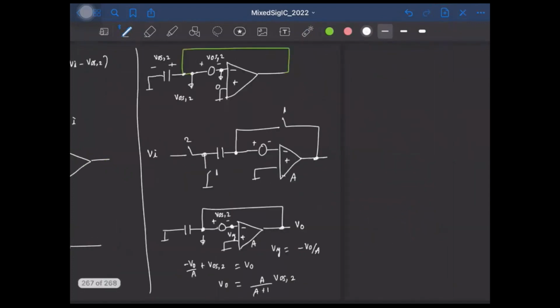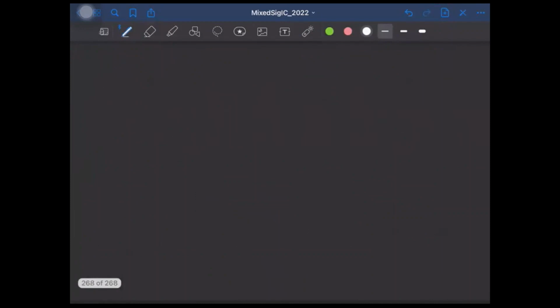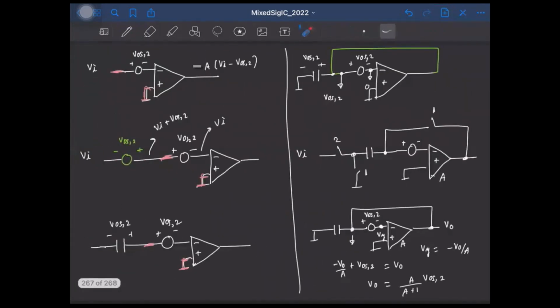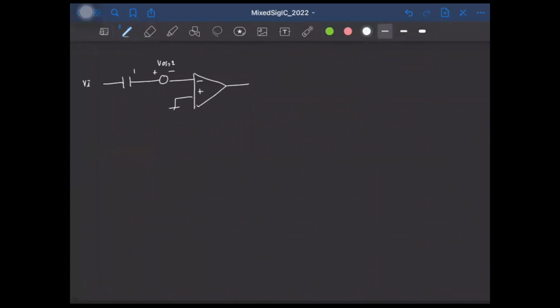Okay, so in the next phase, when we put the capacitor in series with the input voltage, we also have the offset here. So we have the circuit like this. This is the input. And in the previous phase, the capacitor was charged to V0, in this polarity. So the capacitor was charged to A by A plus 1 times VOS2.